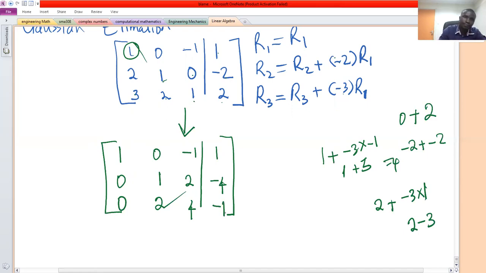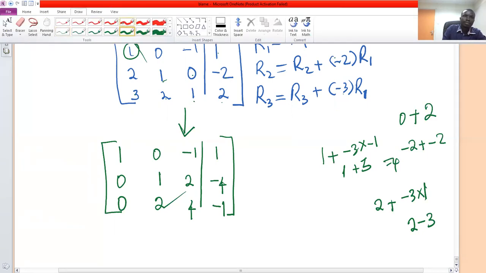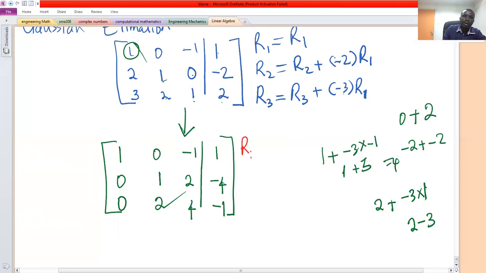Now with that step, next I want row 1 to still be row 1. Row 2, I make it to be just row 2.